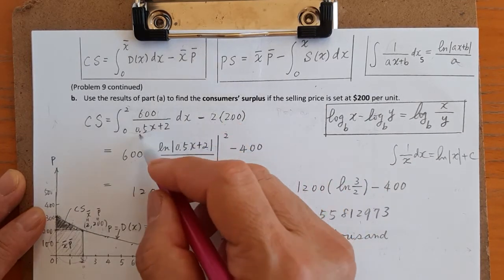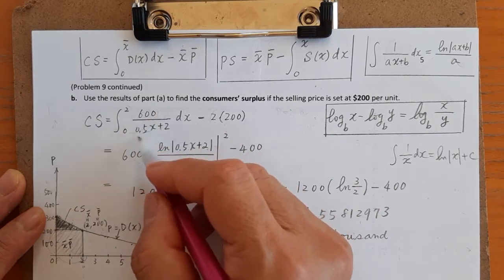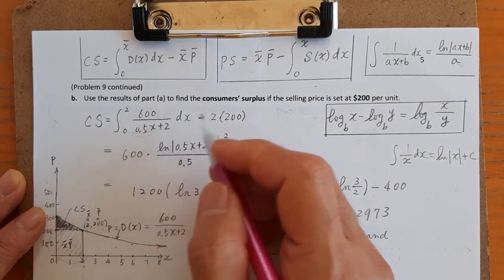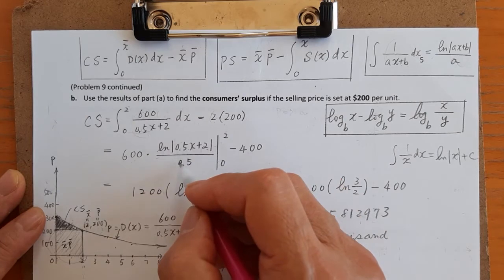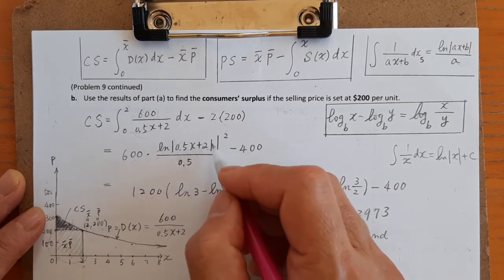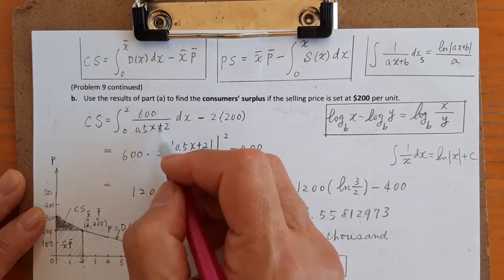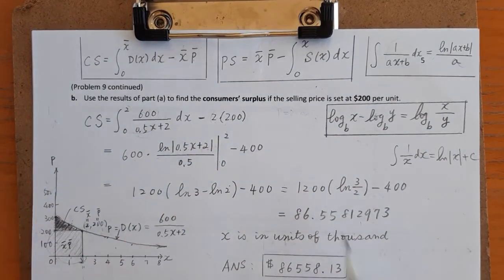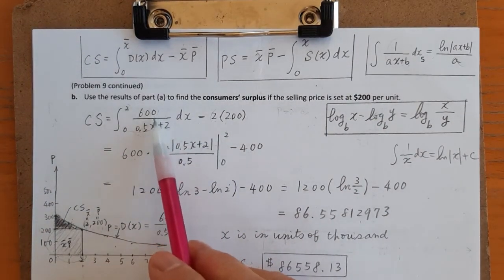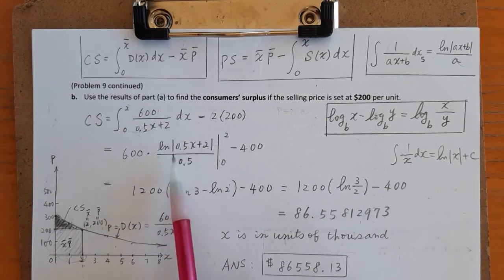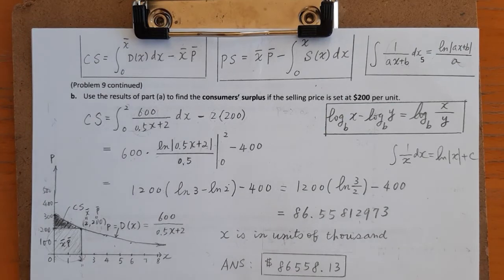In order to go back to 1 over 0.5 x plus 2, you have to divide by 0.5, so the 0.5 cancels. So this derivative is going to give this, and you have to divide by 0.5. This is a quick way.